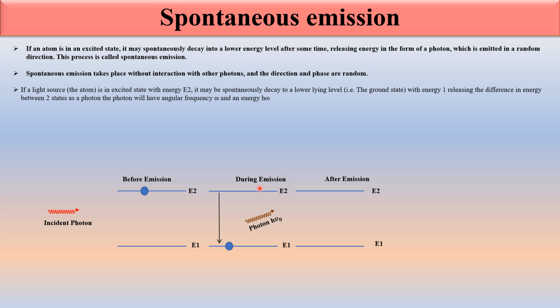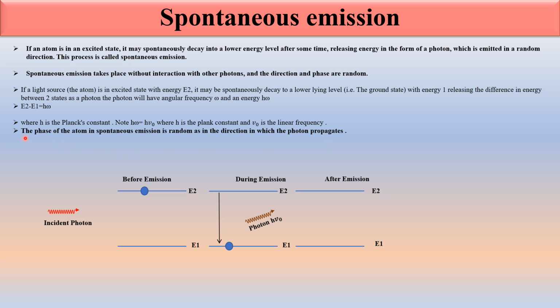It means when spontaneous emission happens from E2 to E1, a photon is generated which has an energy equal to E2 minus E1. E2 minus E1 is equal to h nu, which equals h nu 0, where h is the Planck's constant and nu 0 is the linear frequency.